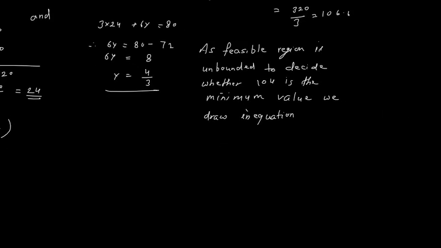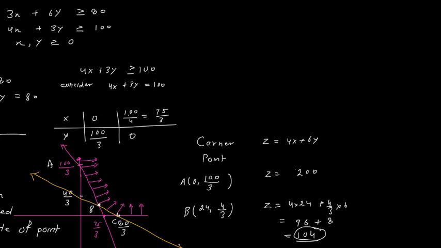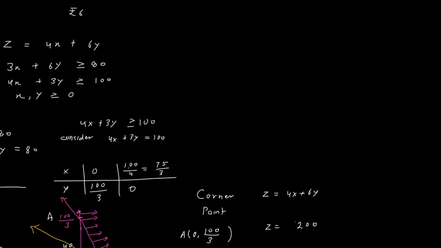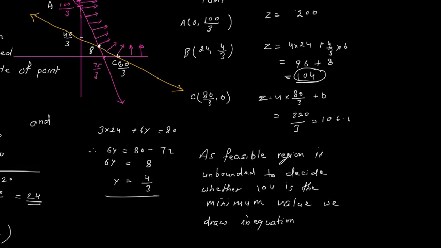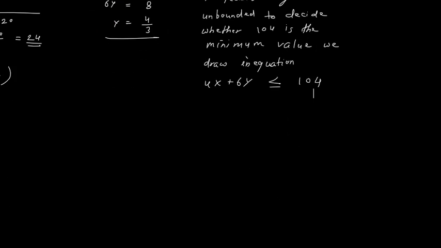Now what equation will we draw? Z is 4x plus 6y. We will draw an equation 4x plus 6y less than or equal to 104. This I have to plot. So to plot this I will take x and y.